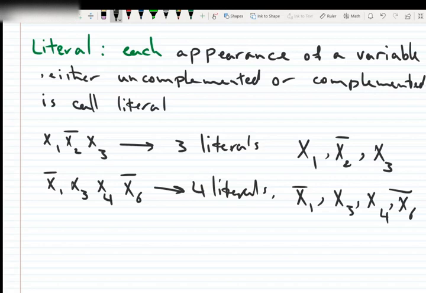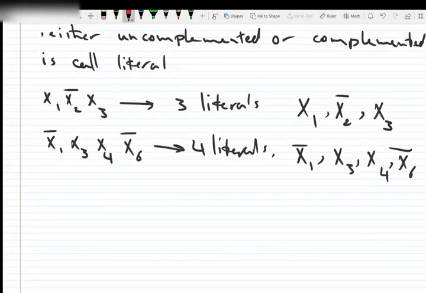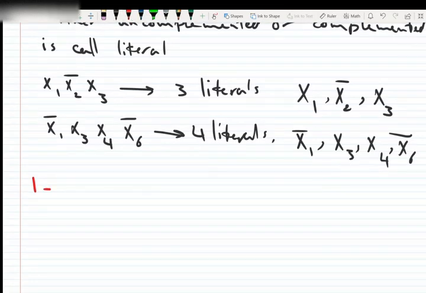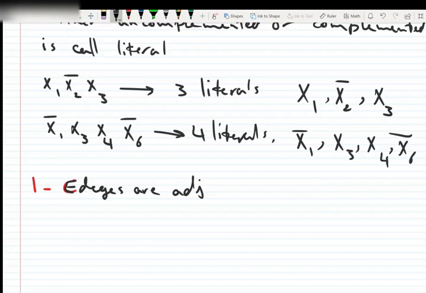So what do we do? The technique. Here are some rules. The first thing we should know is that edges are adjacent as well. So we count edges as adjacent.